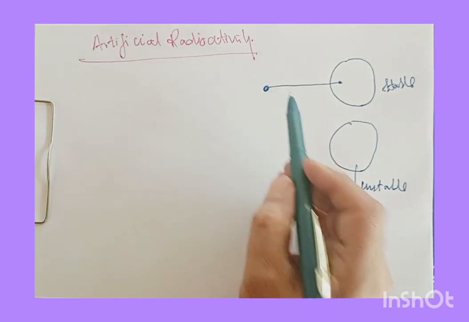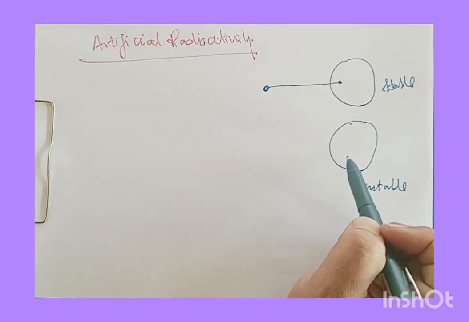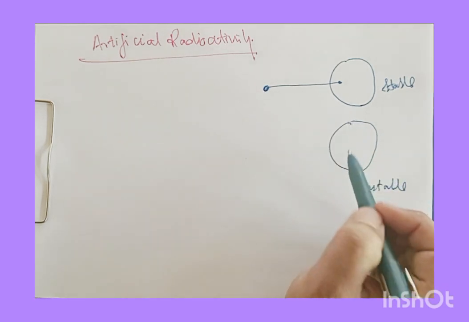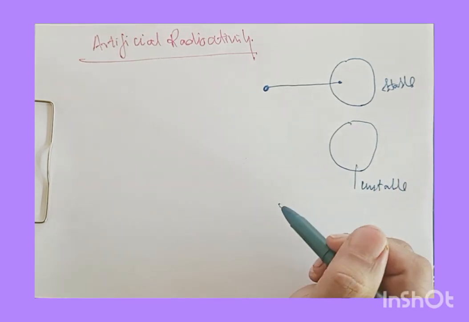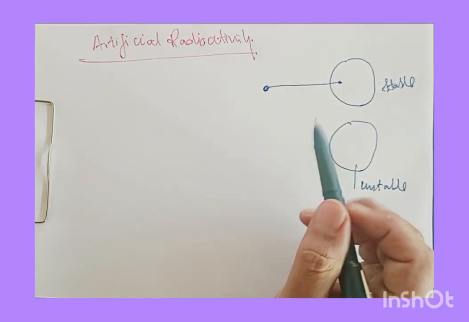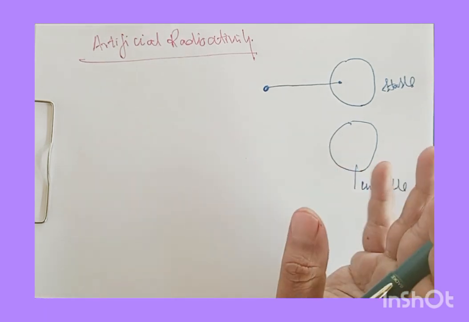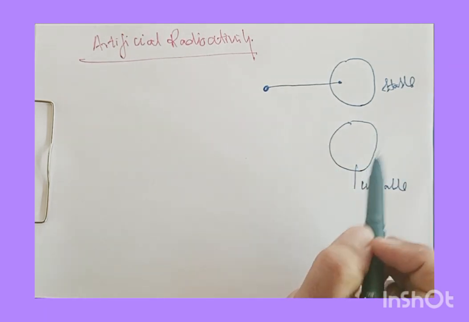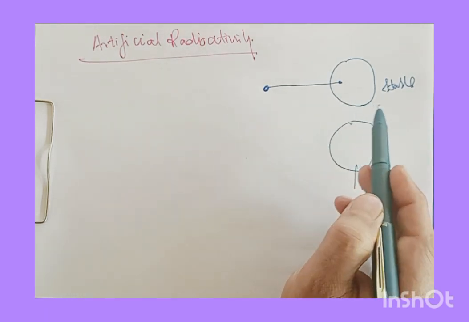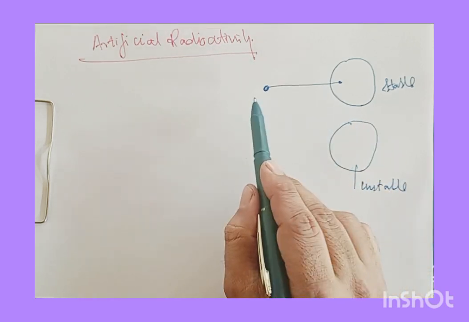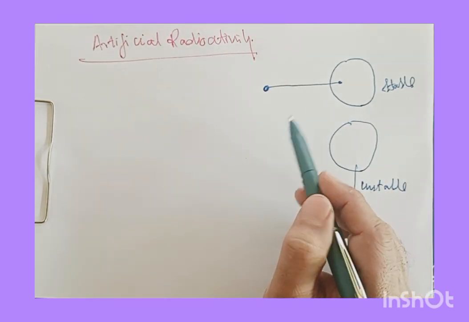And then these unstable nuclei decay and give us nuclear radiations. This kind of radioactivity is called artificial radioactivity, where we instigate instability in a nucleus which is already in a stable state, by just bombarding it with an external particle.